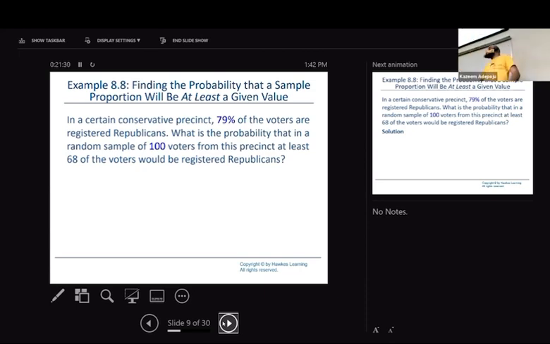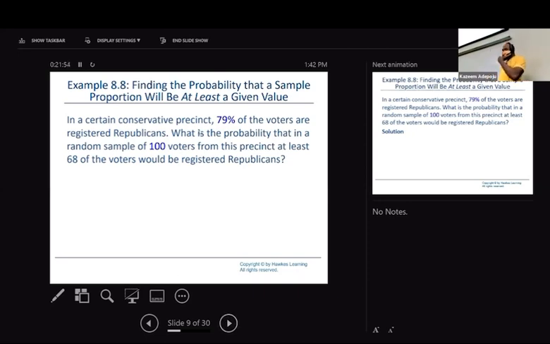Falling in between? What is the probability that a sample mean would differ from the population mean by more than a given amount or by less than a given amount? That was what we did on Friday. We're also going to do the same here. Now take a look at the first example.